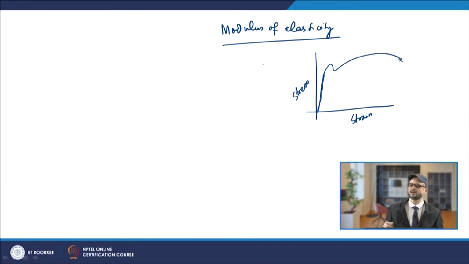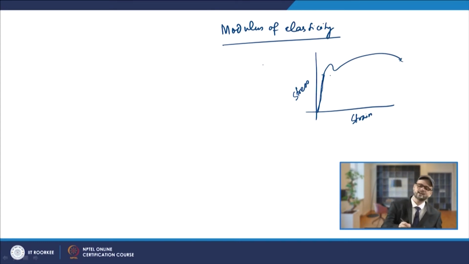So, this stress upon strain, that slope will be known as the modulus of elasticity, and normally in tension and compression it is assumed to be the same for the material. Then you have the rigidity or stiffness, that is the amount of stress the material can withstand.